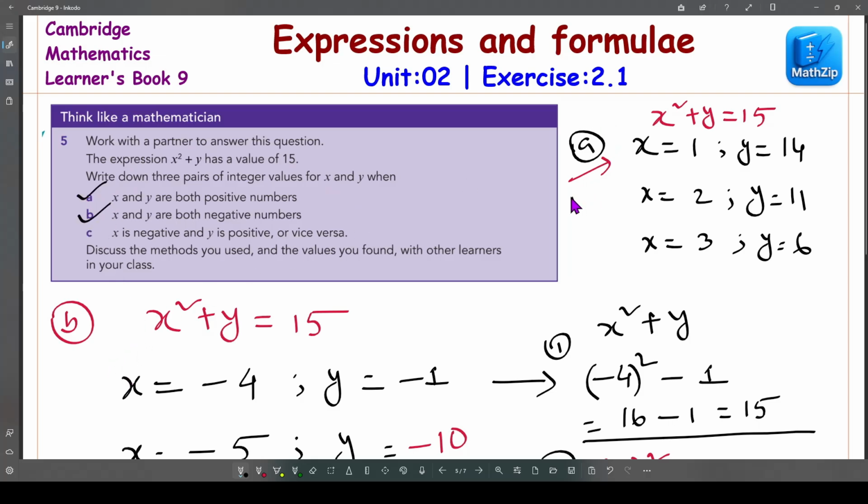Here is positive and here is negative. So now we have to make x negative and y positive, or vice versa. So we will need each number to be positive and negative.